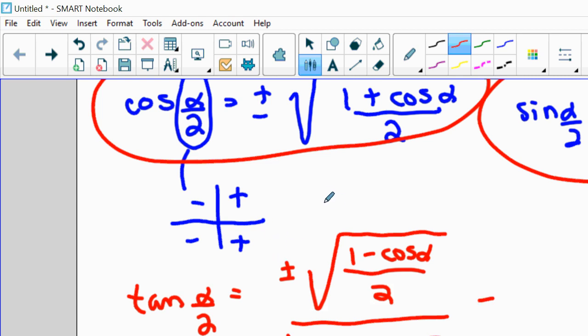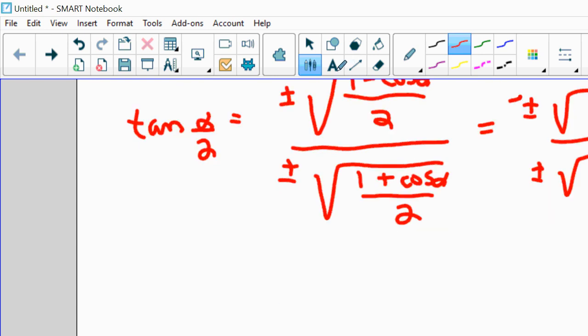Now you can bust up the square roots so the 2's go away and you're left with plus or minus, and then you can smash them together.